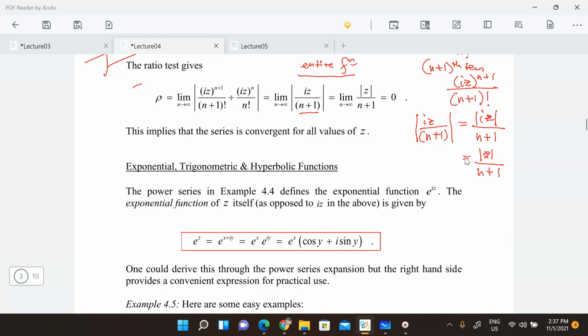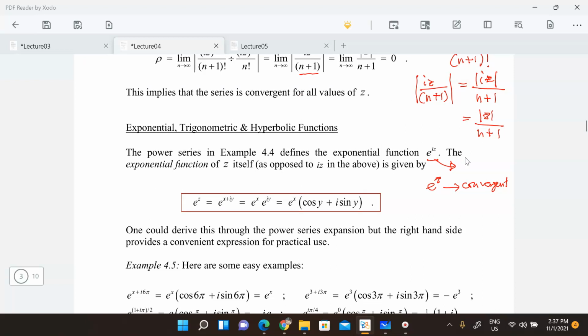Okay, and in this particular case, one could actually see that if this is convergent for the whole complex plane, then one would expect exponential z is also convergent for the whole complex plane. And if you really see what it is, I could write e to the power z as e to the power x plus iy, but I can factor that exponent into two parts, which is exponential x and then exponential iy.